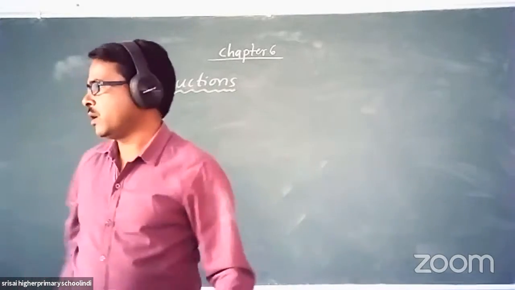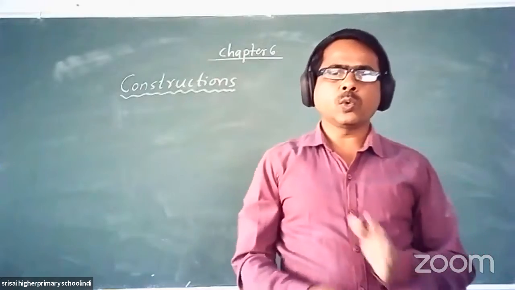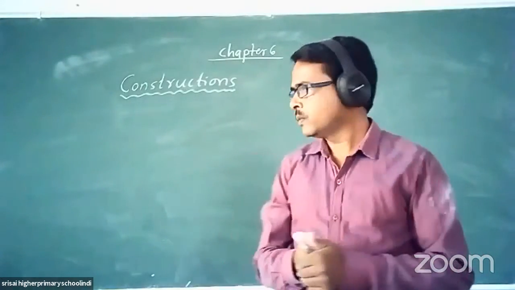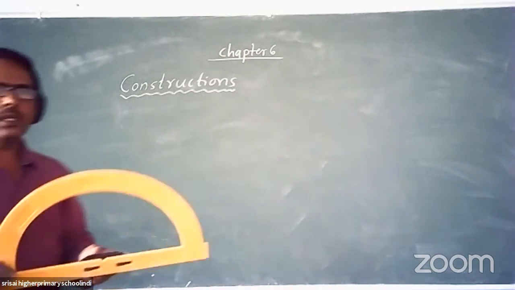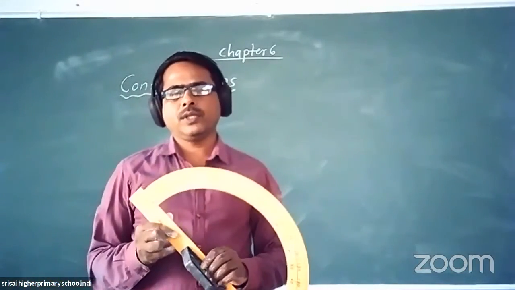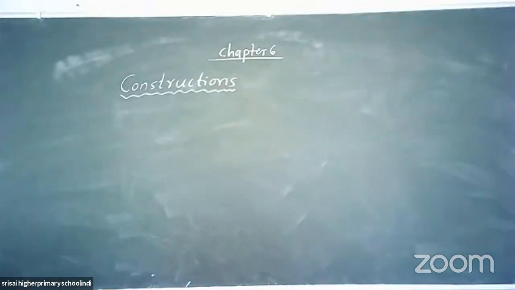See, in the compass box, we have a ruler, means scale, then protractor, compass. Okay, I'll show you this. You know, all of you, this is the protractor. We use it to measure the angle.